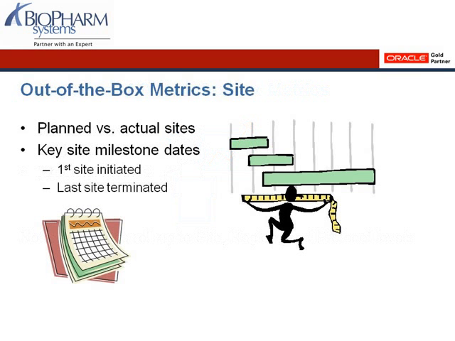So the first category are basic site-related metrics. Again, this is with the vanilla product, and what we have is basically the ability to see the number of planned sites for a particular protocol or a country or region versus the number of actual sites in a particular protocol. So, we have the ability to see that sort of planned versus actuals at a very, very basic level.